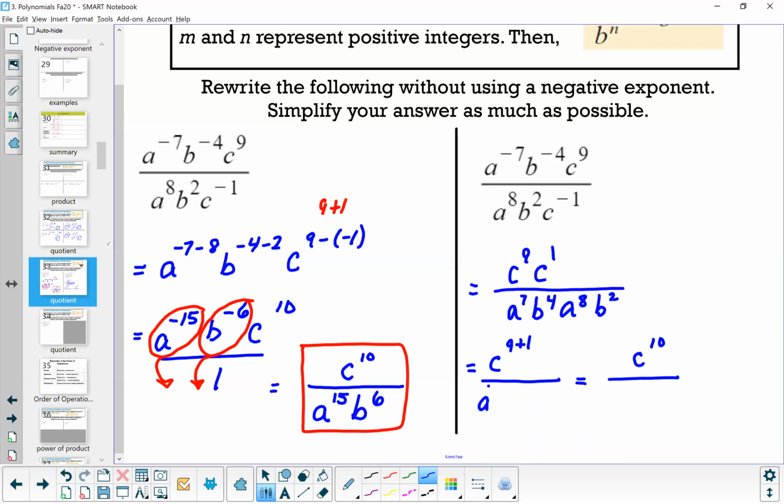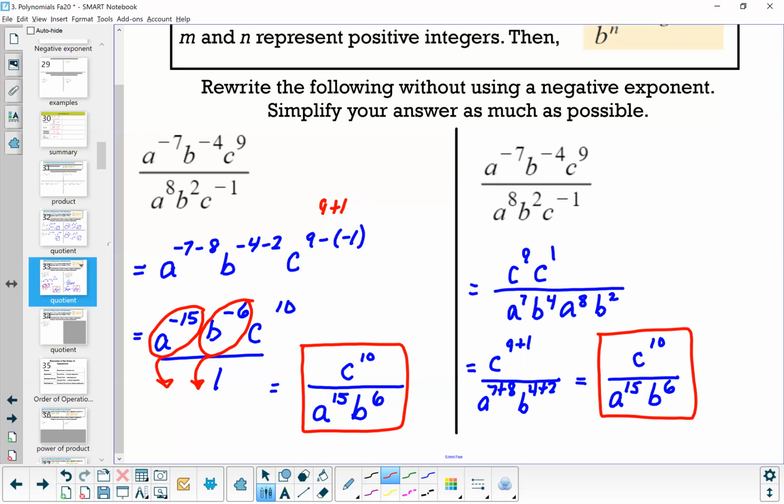So a to the 7 plus 8, that's going to give me a to the 15th. And then in the denominator, b to the 4th and b squared, b to the 4 plus 2, that's going to give me b to the 6th. Notice how we get the same answer, slightly different process, and both are okay.